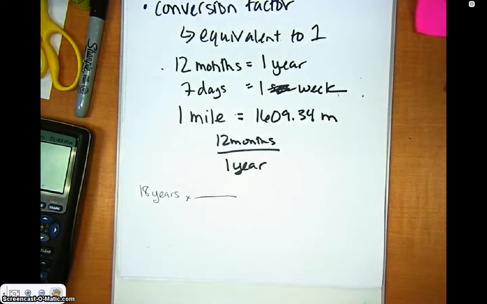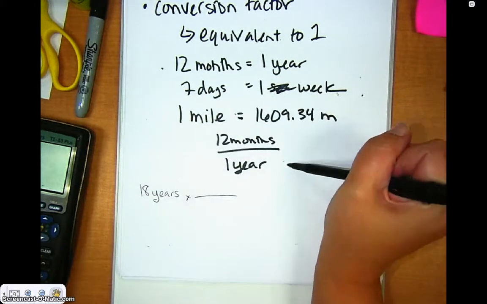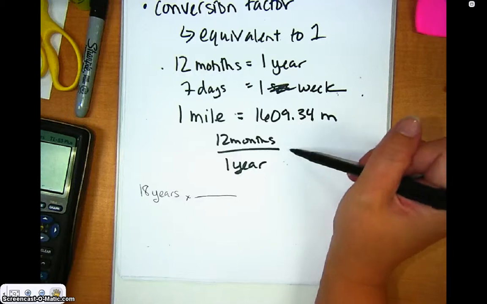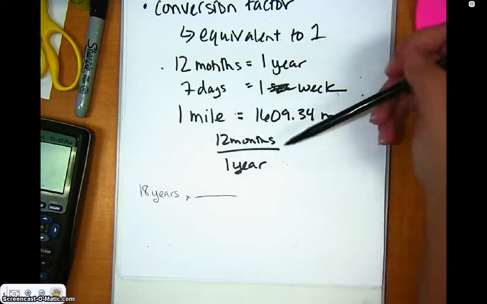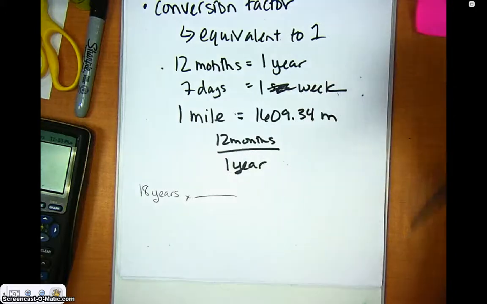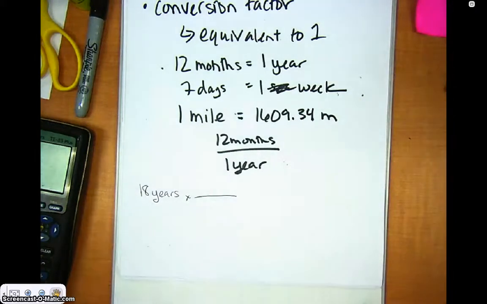The first conversion factor I'm going to do is from years to days. The reason why I'm not going to do the month conversion factor is because if I go from years to months, then I'll be stuck having to go from months to days, and every month has a different number of days. So we're going to go from years straight to days.